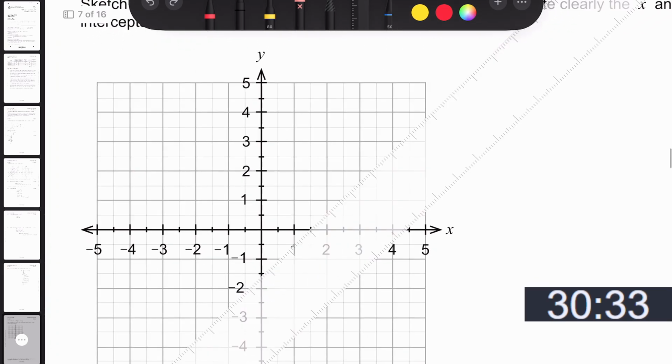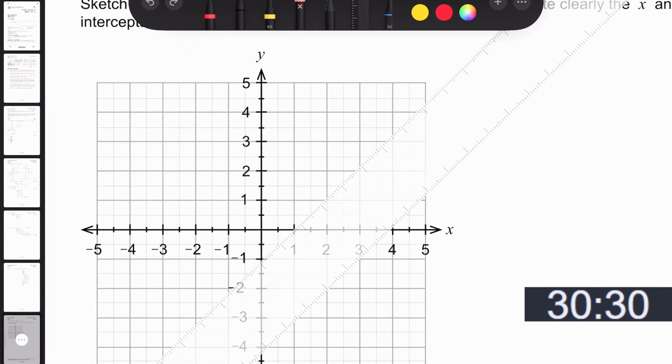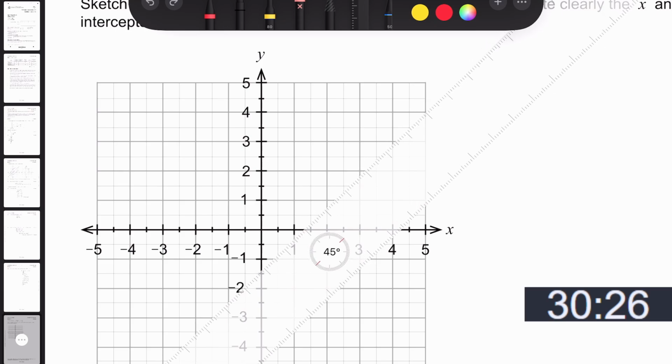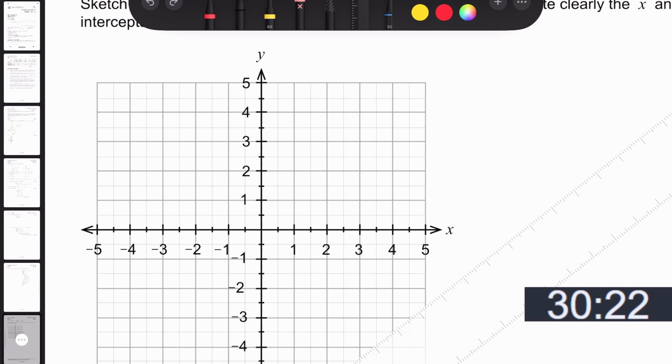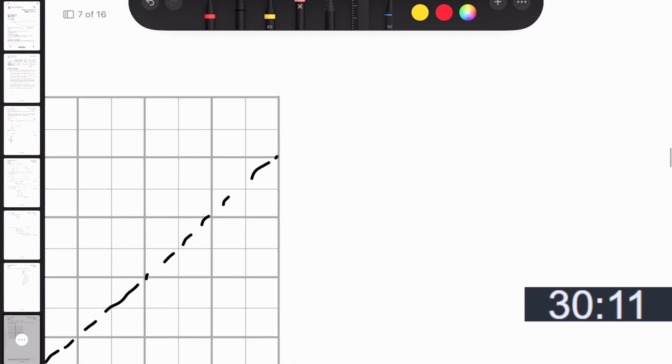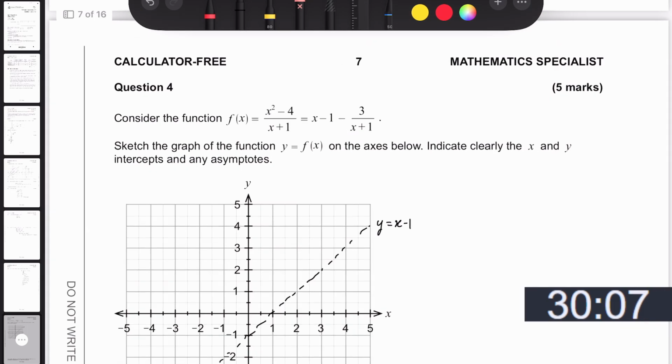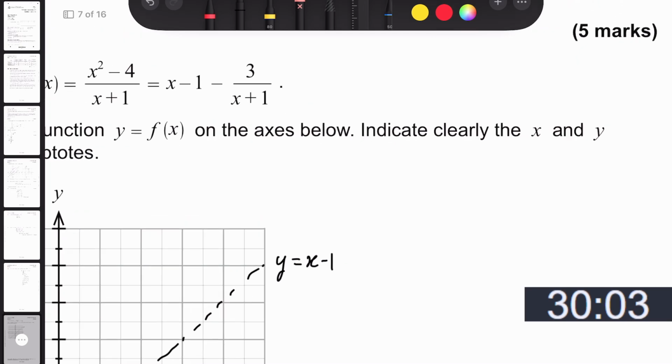Wait, this graph paper just isn't very good. Okay, I'm not going to draw with that then. Let's do it like this. So y equals x minus 1.